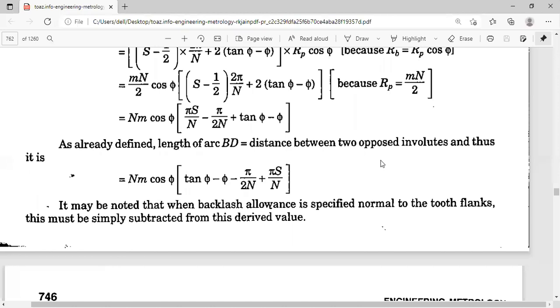Whenever you are trying to have this particular term, that backlash allowance, we'll discuss the backlash, because for each and every parameter there may be an allowance or tolerance. Just like whenever we discuss the profile tolerance, we discuss the K factor there. K is equal to m plus 0.1 into root over dp. So for all the grades of tolerance, 12 grades, we have a profile tolerance for each grade.